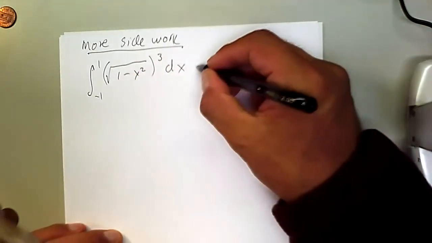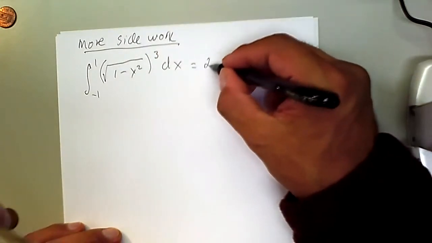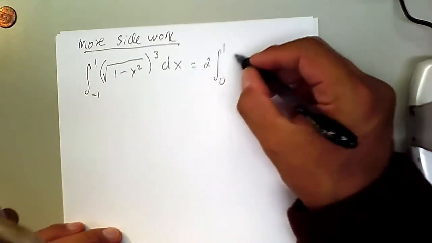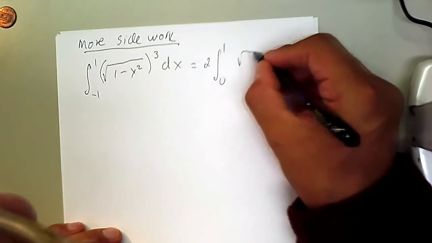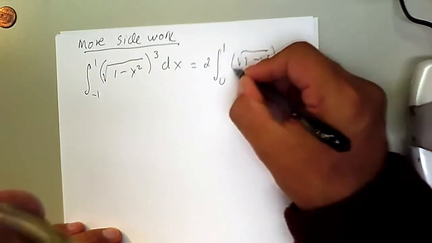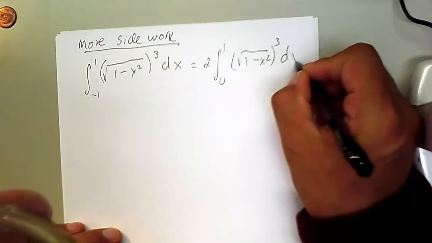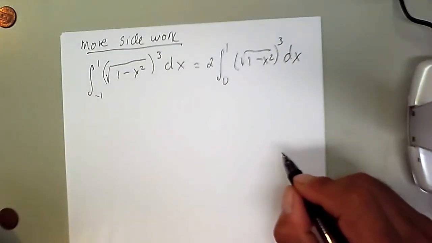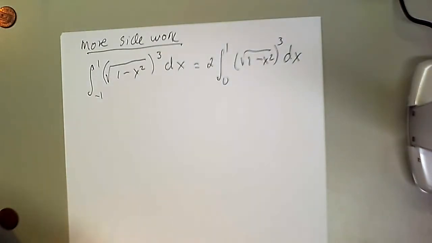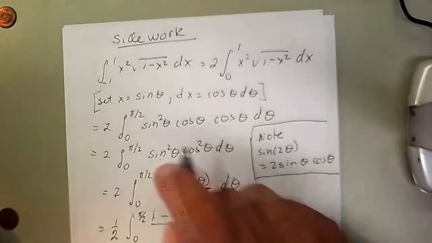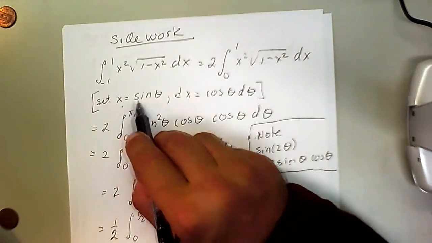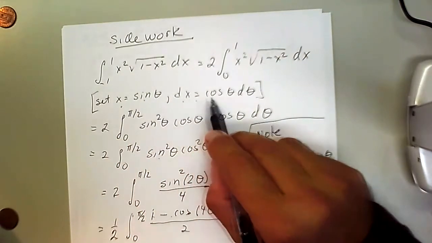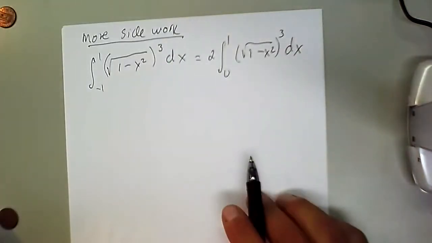So this is going to be twice the integral from 0 to 1 of the same thing, square root of 1 minus x squared cubed dx. And we're going to do the same exact substitution as we did with the previous integral. So here's the substitution. We're going to set x to be sine of theta. Dx will be cosine of theta d theta.